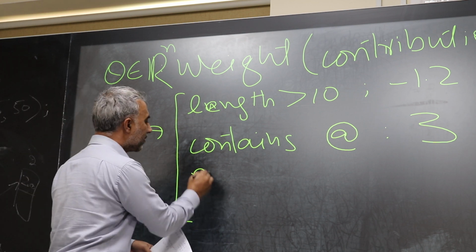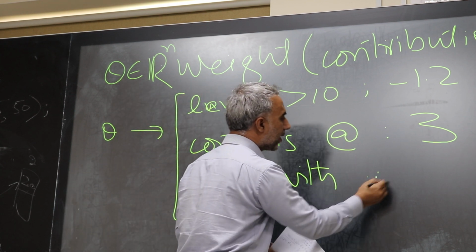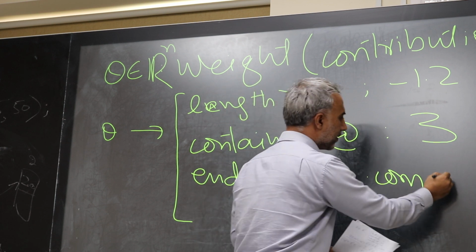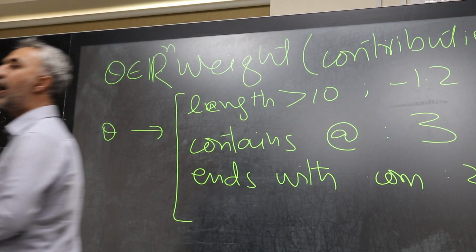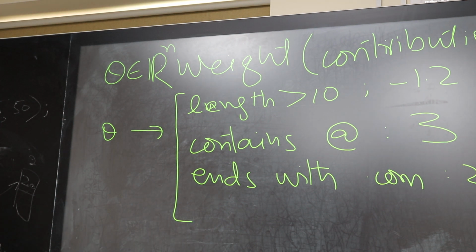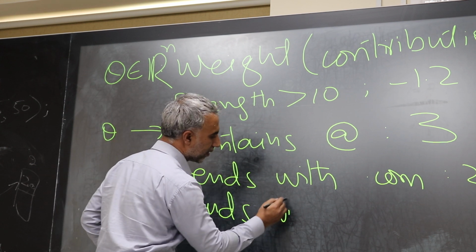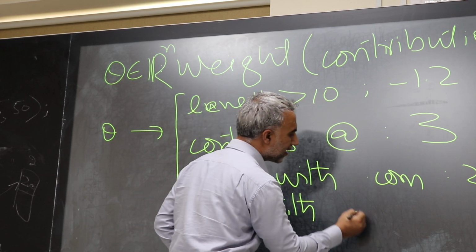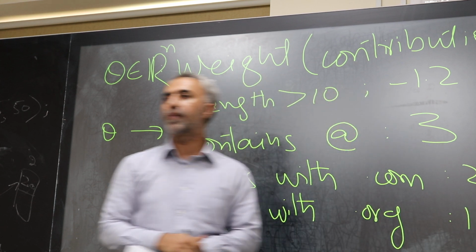Ends with .com, the weight is 2.2: Gmail.com, Yahoo.com, Hotmail.com, 2.2. And if it ends with .org, less weight, 1.4.